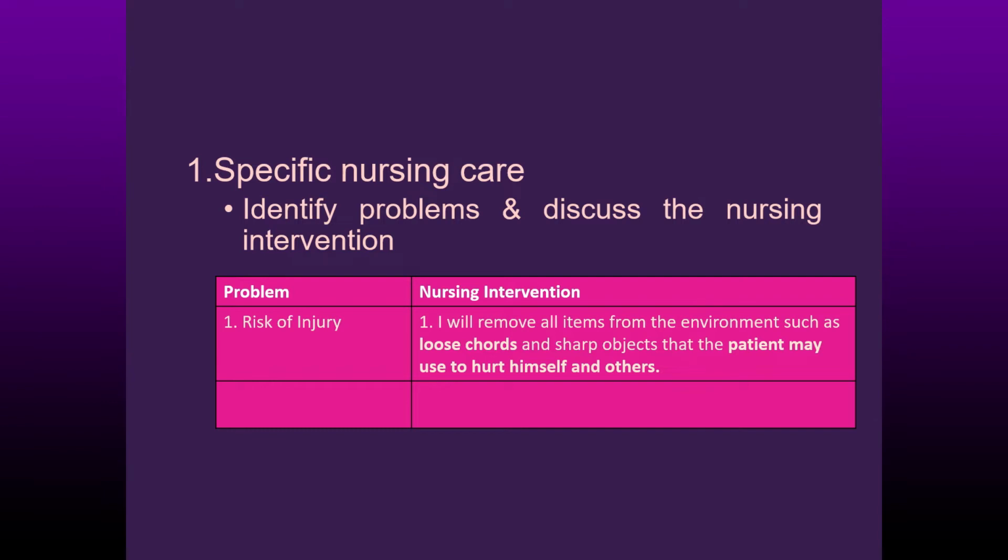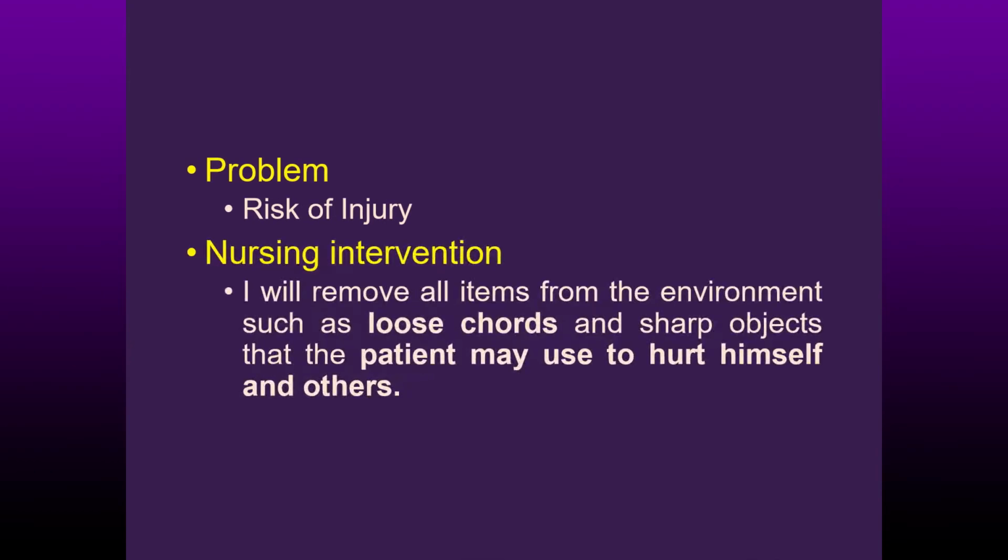Okay. So there are 2 ways also in which you can write down your nursing care under specific nursing care: using a column, using a table as I have shown on this slide, and also you may not use a table, like on the next slide. So you can also just bring out the information as shown on this slide, where you just write the subheading problem, the problem identified.